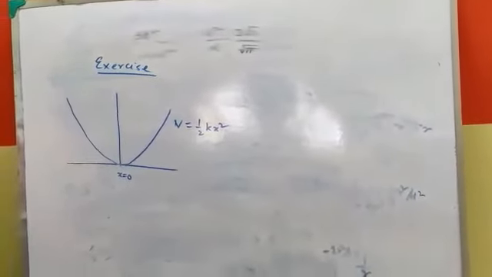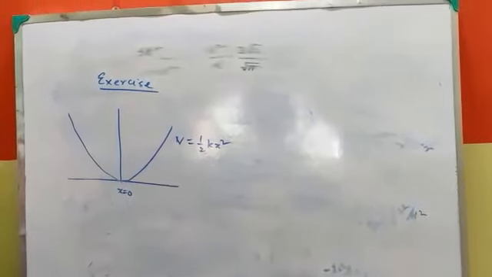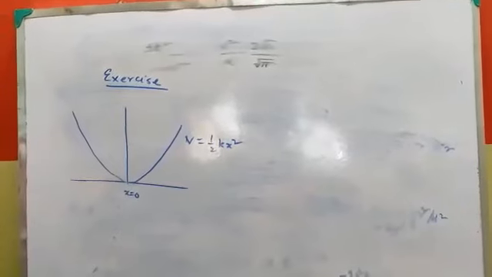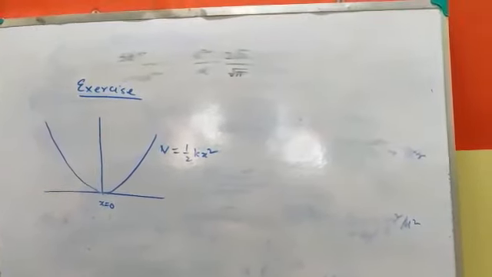Now, if we want to apply variational method using a proper trial function for harmonic oscillator system, then you can get a variational energy value.